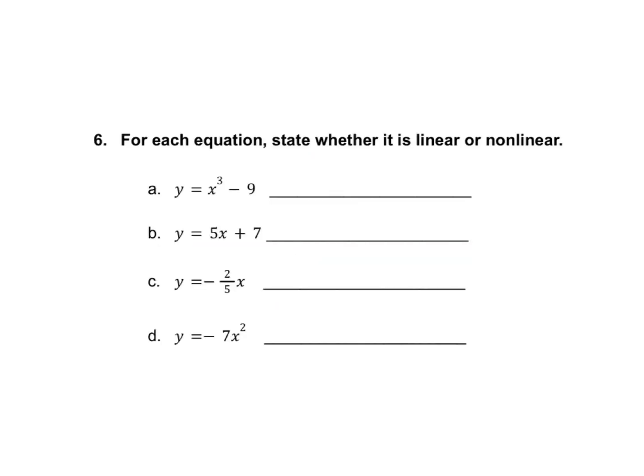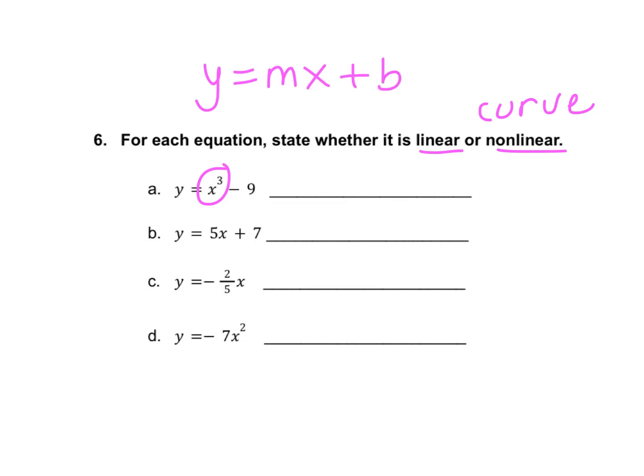For number 6, for each equation state whether it's linear or nonlinear. Linear would make a straight line when we graph it, and nonlinear would curve. And we have learned that if we ever see an exponent, if it's not in traditional y equals mx plus b form, if there's an exponent, it's going to show exponential growth, which is nonlinear.